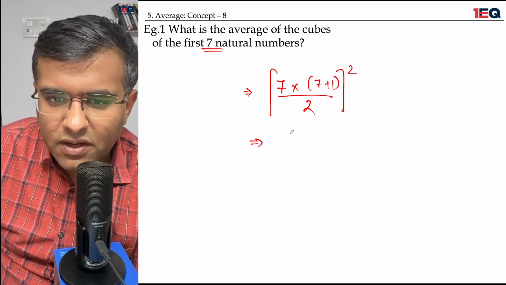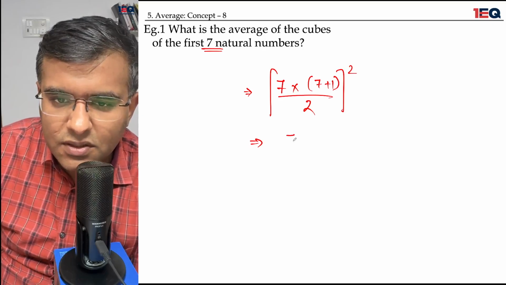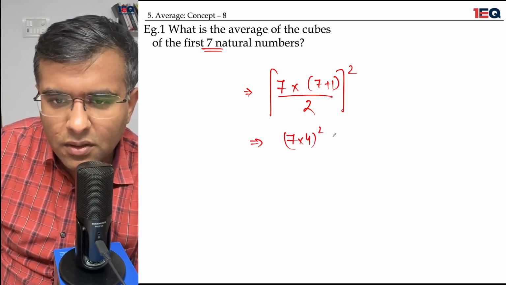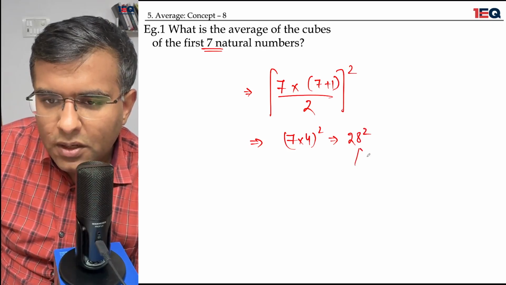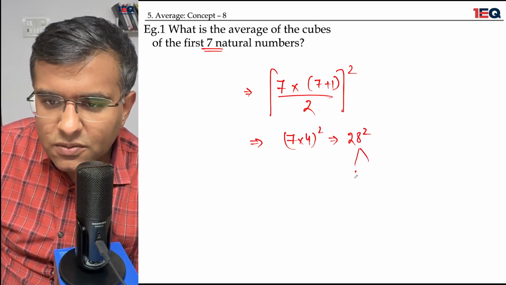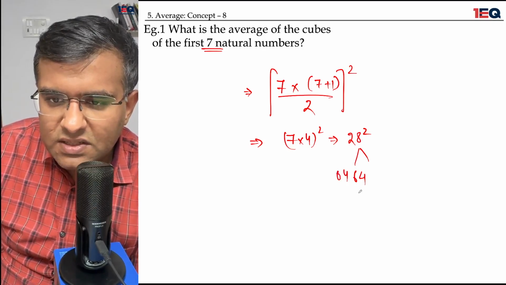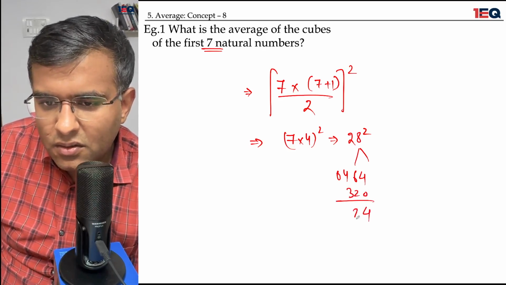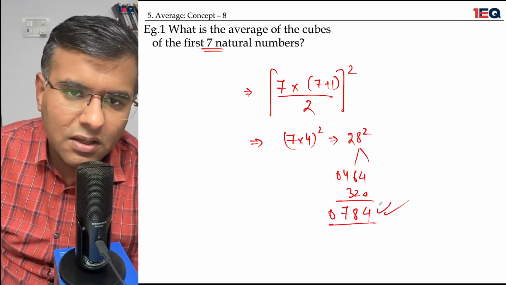So this is 7 into 8, which is 56, or 7 into 4, which is 28, because there's a 2 in the middle. 7 into 4 whole square. This is 28 square. To make the 28 square, 8 has to be squared to 64. 2 would be squared to 04. 2 8s are 16. 16 2s are 32. 320 would be added here. So 784 is my answer.